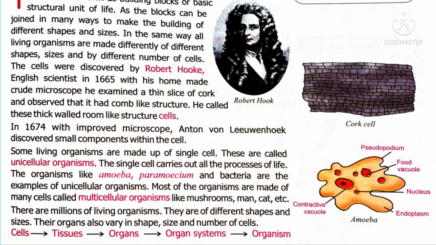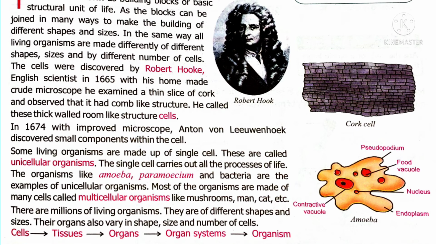Some living organisms are made of a single cell, whereas other organisms are made up of many cells. Single-celled organisms are called unicellular organisms. Many-celled organisms are called multicellular organisms. Human beings, plants, animals, mushroom, cat, dog.